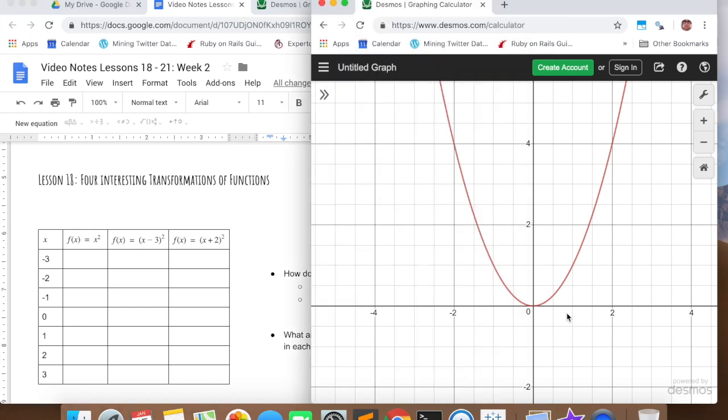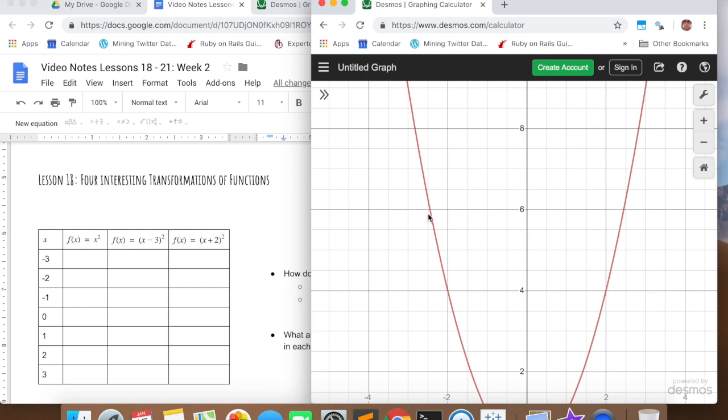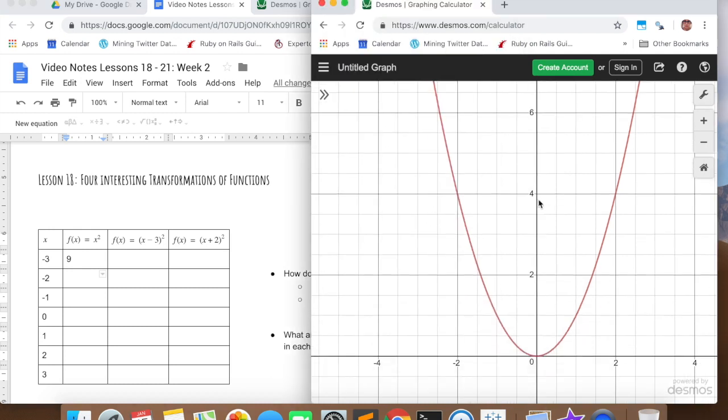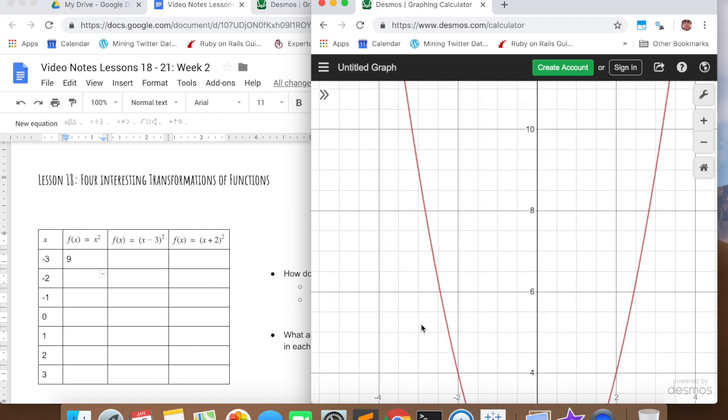So let's get started. I have my parent graph here, which is x squared. And what I'm going to do is specifically get the points so that we're able to compare them numerically first before we look at the graph. So if x is -3, x squared would be 9. If x is -2, then of course you know what x squared would be. And then I'm just putting in my graph, double checking that those ordered pairs are there.